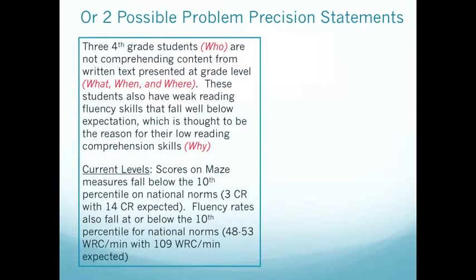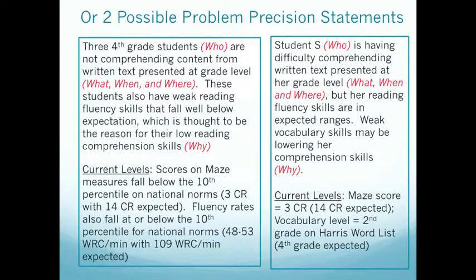We take our 3 4th grade students, and then we take Sally as a separate unit. There's nothing wrong with keeping these together. It may just be that we have slightly different solutions we want to put in place, or maybe different outcome measures that we want to use to be able to see whether we've been able to increase their skills.